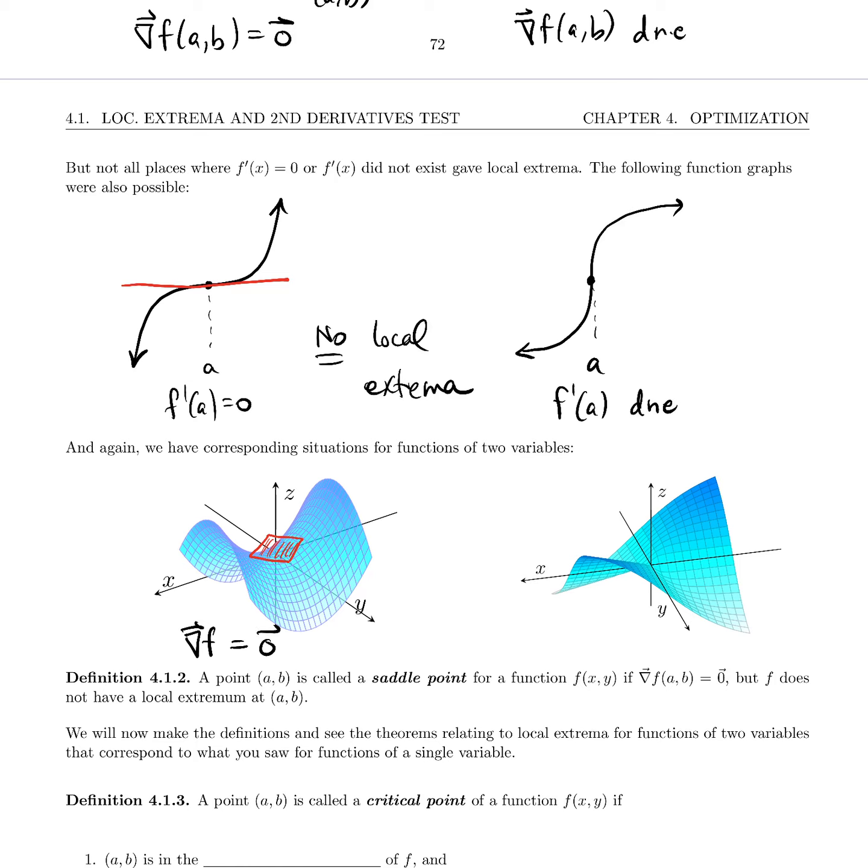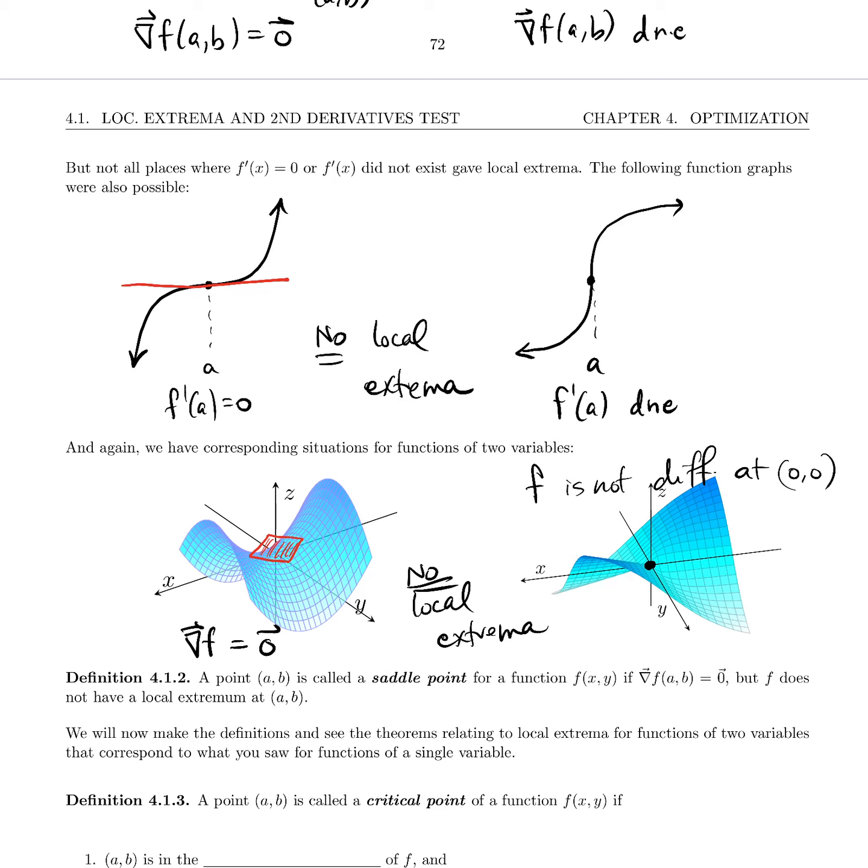We also saw this example in a previous video where the function f is not differentiable at, as it turns out, the origin. And yet, in both of these cases, we have no local extrema.